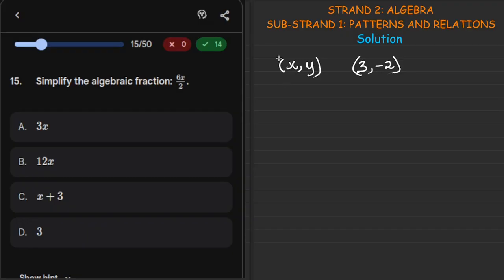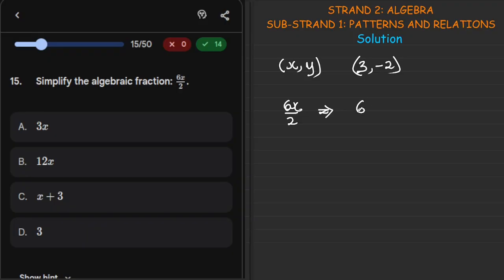Question number 15. It says we have to simplify 6x over 2. When it comes to simplifying fractions of algebra, we work on the coefficients. For multiplication and division, even when they are not like terms, we can still operate on them.